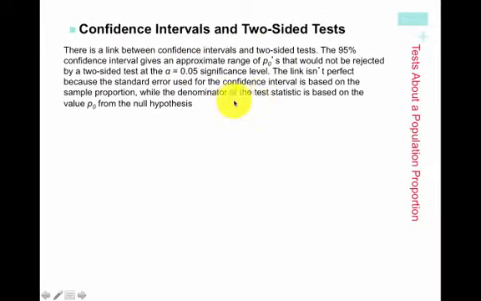But our link isn't perfect because with the confidence interval, we're using the standard error. We're using p hat to calculate that standard error. And with our test statistic, we are using p0 from the null hypothesis. So we're using slightly different values in our calculations, but they're very closely related.